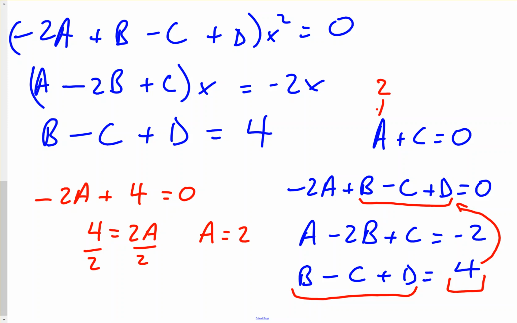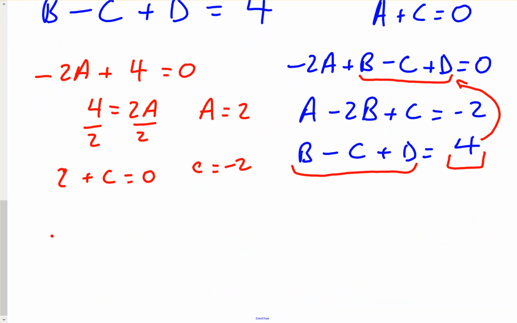Okay, put that 2 in here, so we have 2 plus c equals 0. That means c has to be negative 2. Okay, so that's good. And now we could solve for the other ones then. Okay, let's go into this third equation.